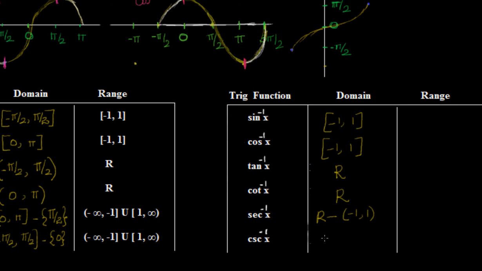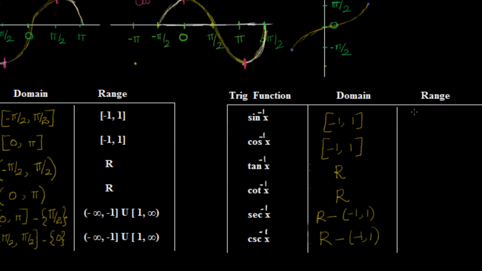Similarly, for cosecant also, it is the same, nothing but R minus of minus 1 comma 1.